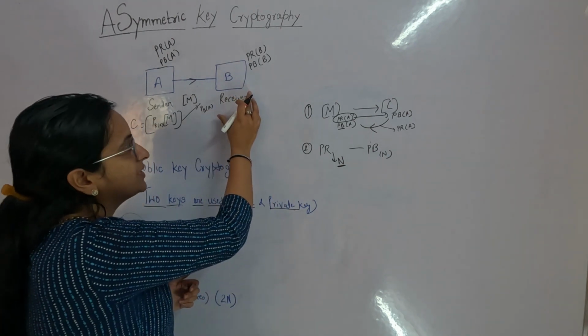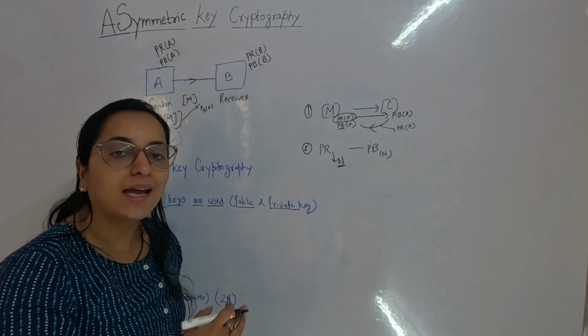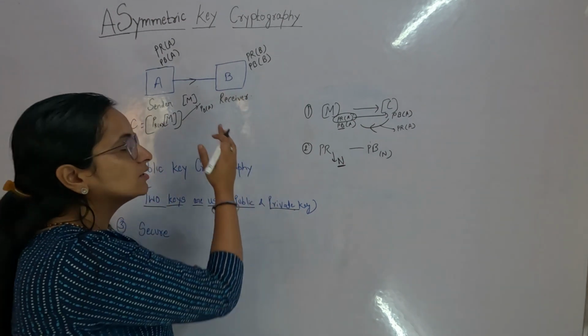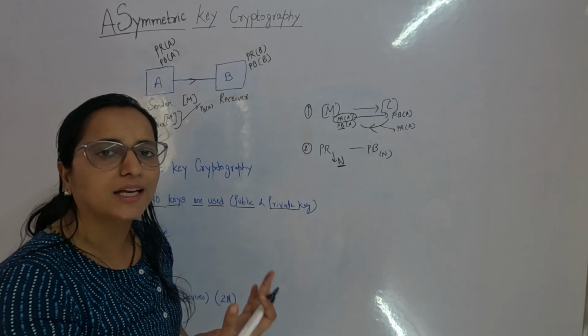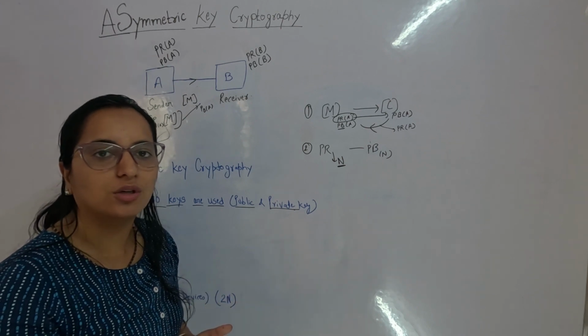So this message can be decrypted by any of the other users. In this way our message is not secure, because it can be decrypted by any other user also.